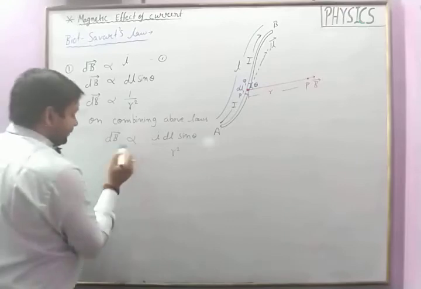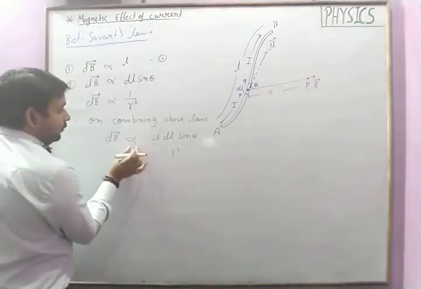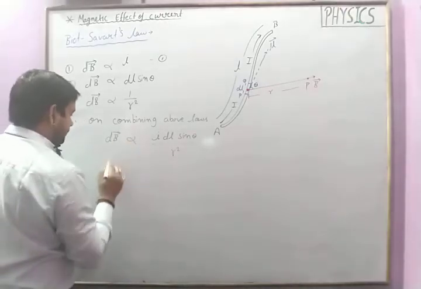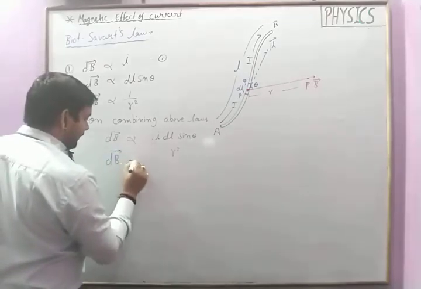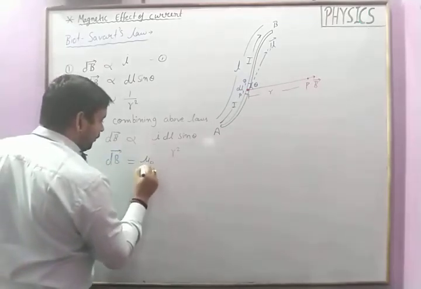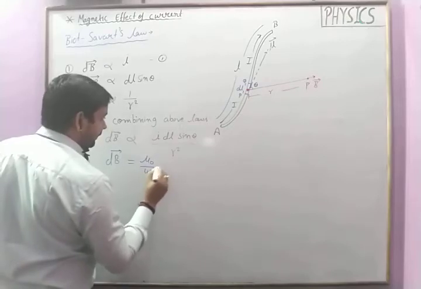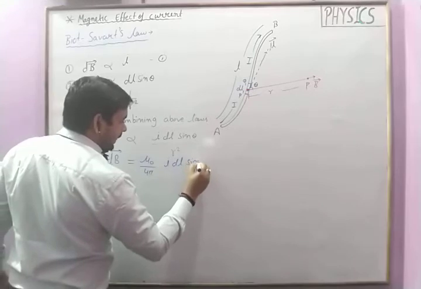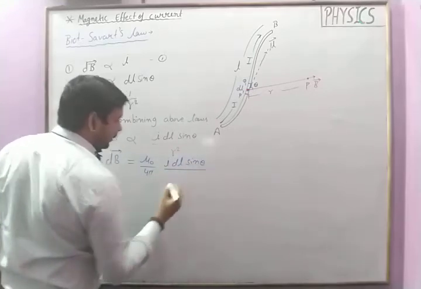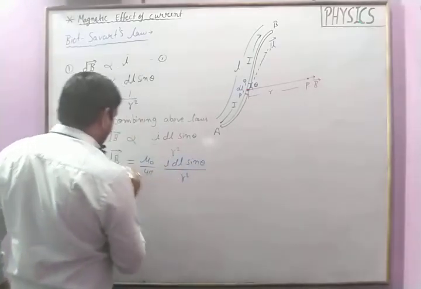By taking equal to in place of proportional to, we get the magnetic field is equal to mu naught upon 4 pi I dl sin theta upon r square.